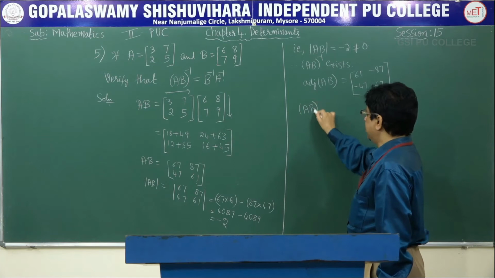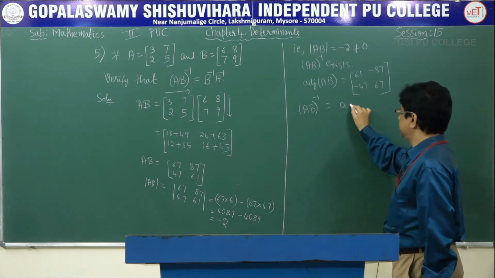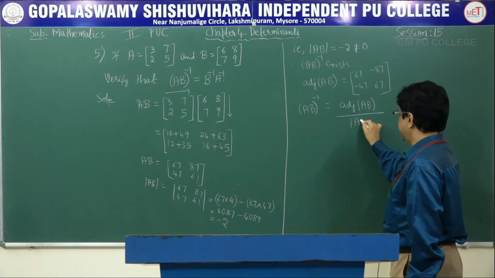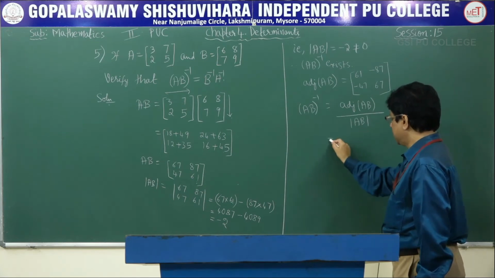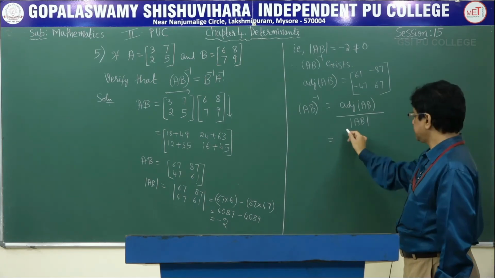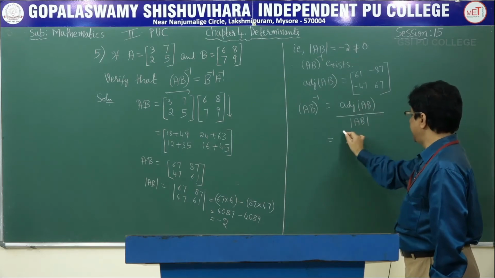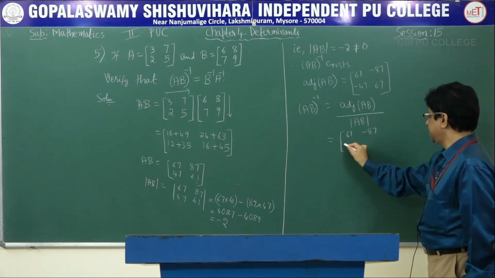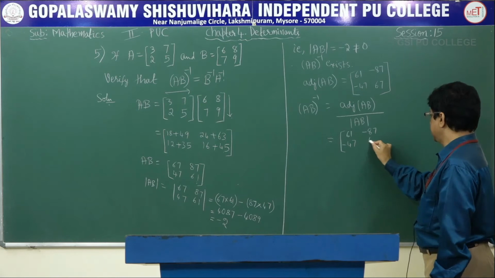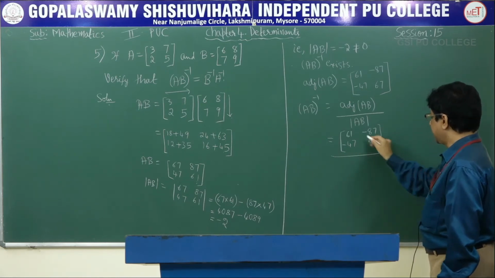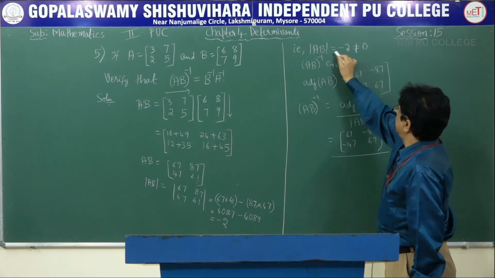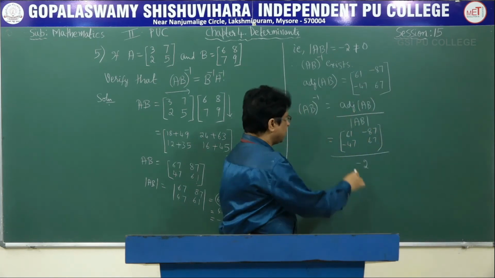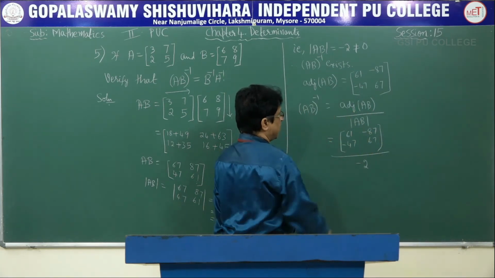So, AB whole inverse will be equal to adjoint of AB divided by determinant of AB. So adjoint AB is 61, minus 87, minus 47, 67 divided by determinant AB. Determinant AB value is minus 2. So, we have to divide every element of this matrix by minus 2.